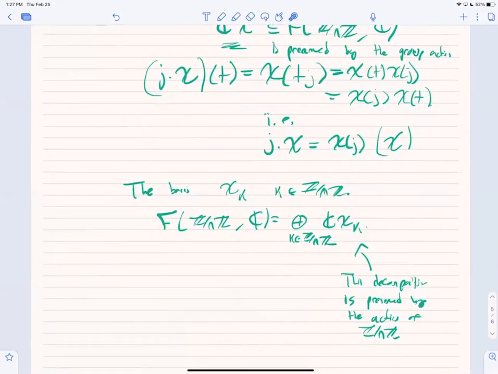This is something we'll see more generally in representation theory. There will be a notion of an irreducible representation, which is a representation that has no proper sub-representations. Every representation of a finite group on a complex vector space will break up as a direct sum of irreducible representations.